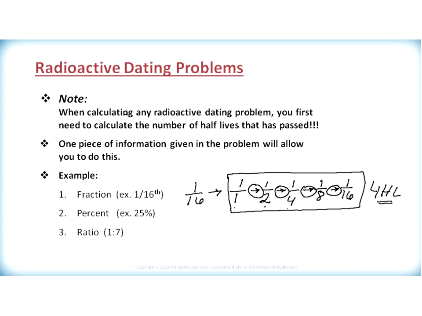If we had a percentage provided, in this case 25%, we can do something similar. We always know that 100% of the original sample would be parent. After one half-life, half would be parent, 50% would be parent, and 50% will be daughter.